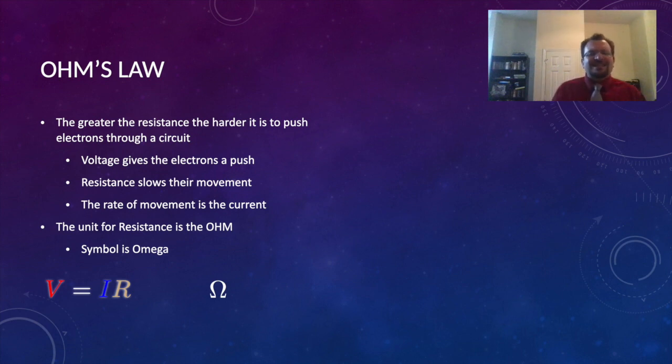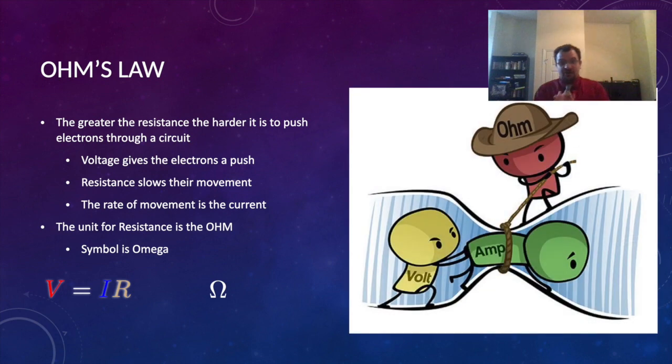So this is kind of difficult to wrap your head around. In the whole voltage, current, resistance, you've got three things that you can't really visualize. But I found this great cartoon that shows what's going on really well. So the voltage is trying to push electrons down the wire.